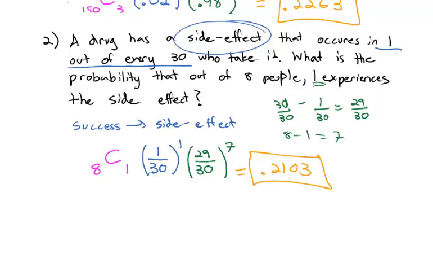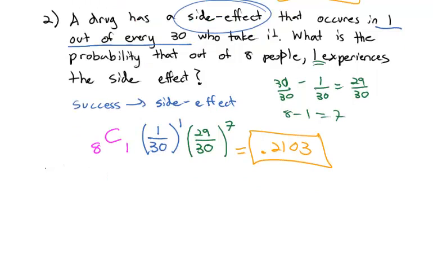Another variation of this problem, though, is going to be not that we're interested in exactly 1 person, but you'll see we're interested in kind of a range of people. Maybe at most 2 people will experience the side effect, or less than 7 will be found defective. And so to do that, it's basically going to become a union problem where we want 1 or 2 or 3 or 0.